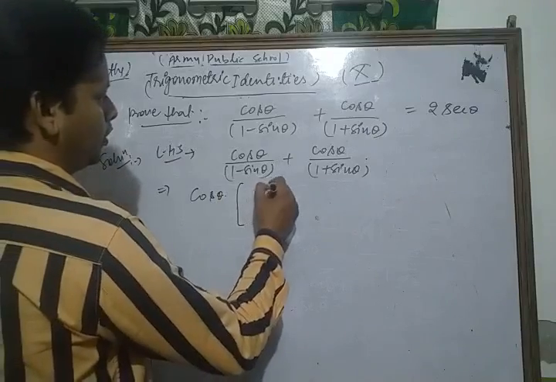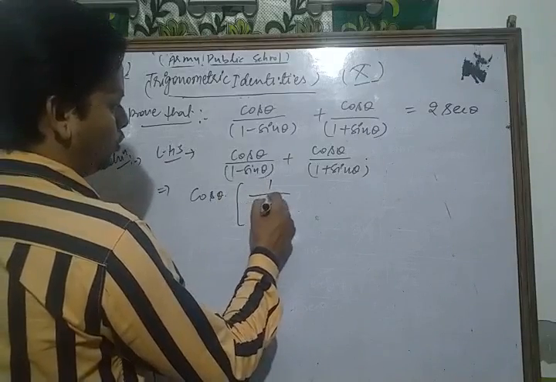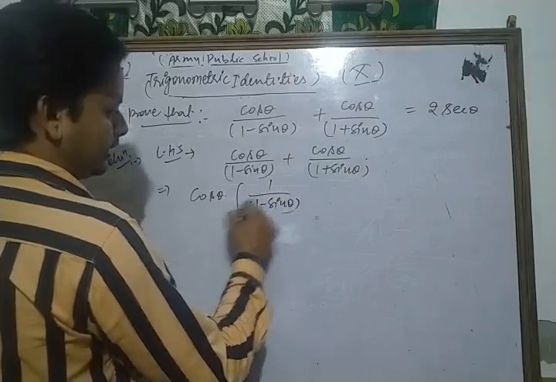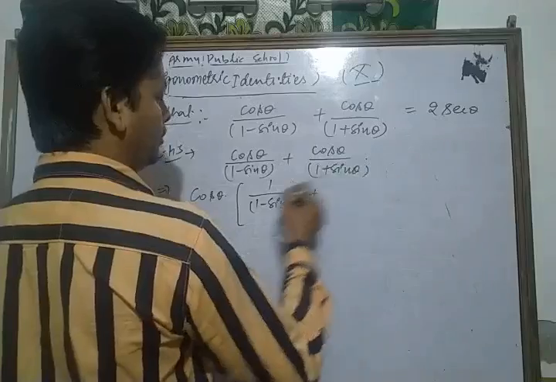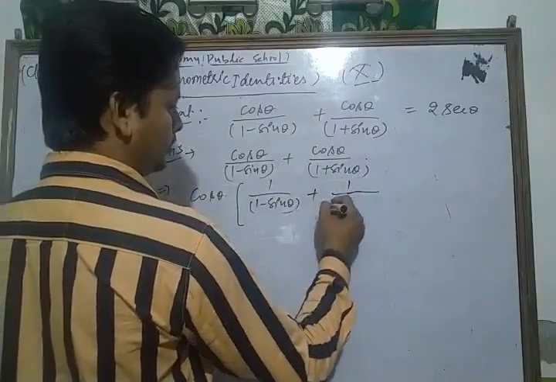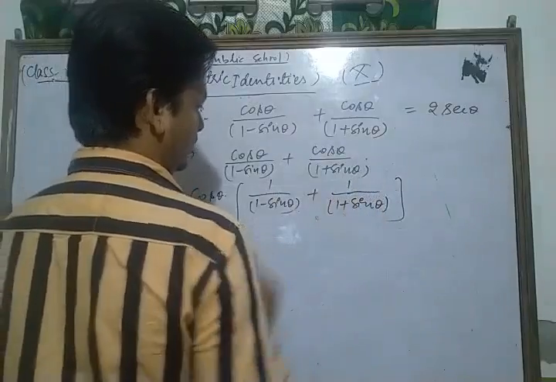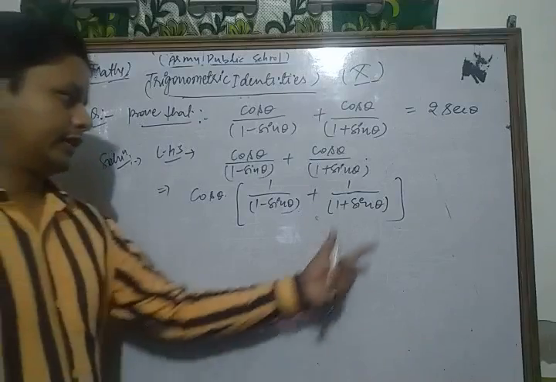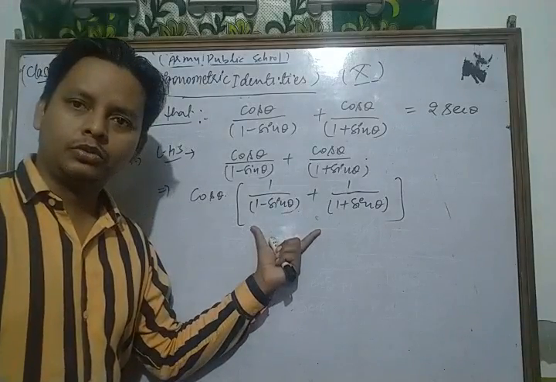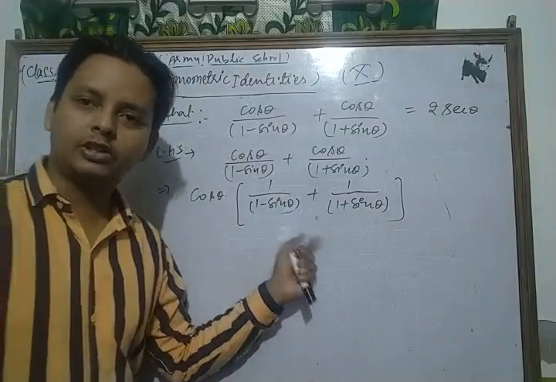So we get 1 upon 1 minus sin theta plus 1 upon 1 plus sin theta. Now we simplify these by taking the LCM of their denominators.